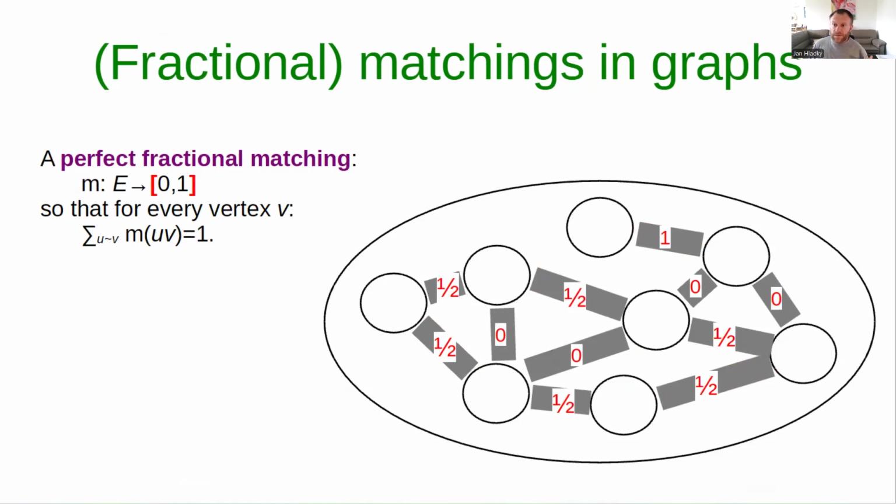But there is this well-known approach of relaxation. Instead of demanding a perfect integer matching, we look for a perfect fractional matching. We allow the edges to take on continuous weights in the interval [0,1], such that for every vertex, the sum of the weights of its incident edges is exactly 1.